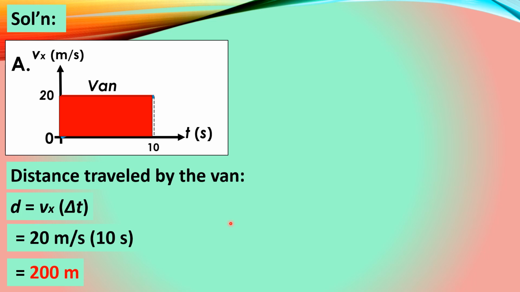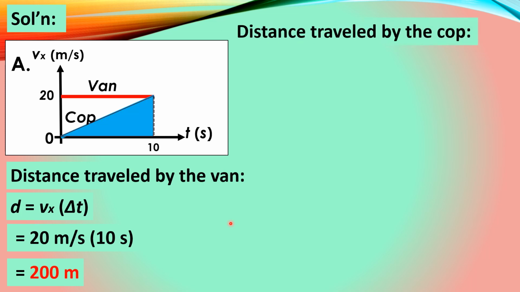Within the same time interval, delta t equals 10 seconds, we also calculate the displacement of the cop's motorcycle, all right? And this distance traveled by the cop is just equal to the area of the triangle shaded blue. And this is equal to 1 half times the change in the velocity and the change in time, delta t.